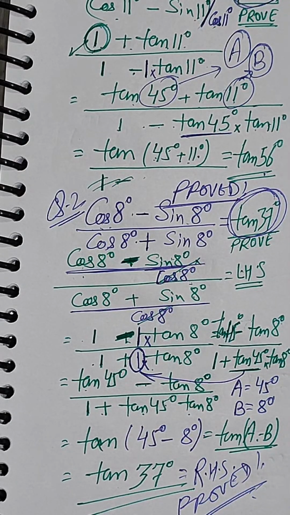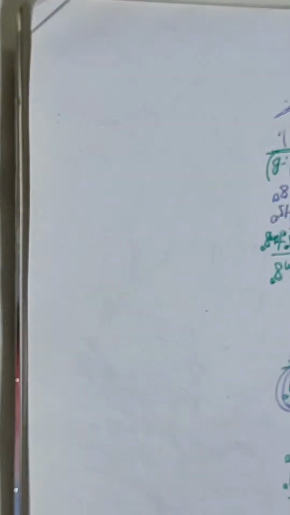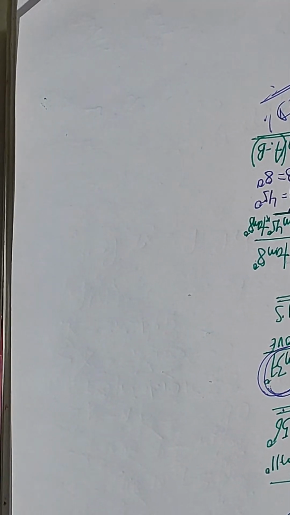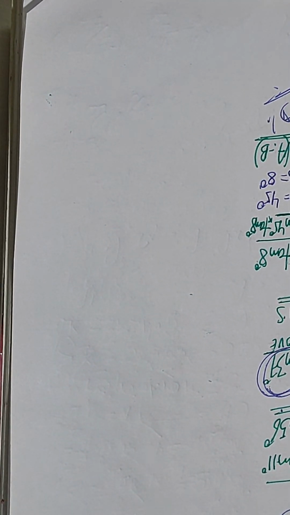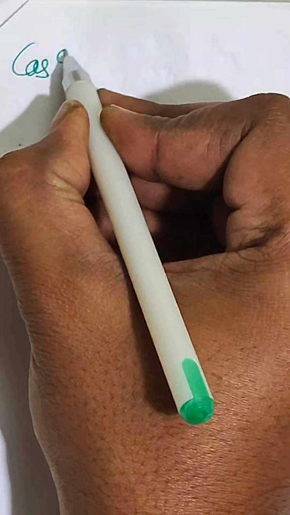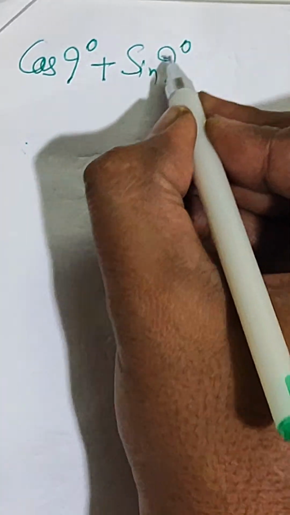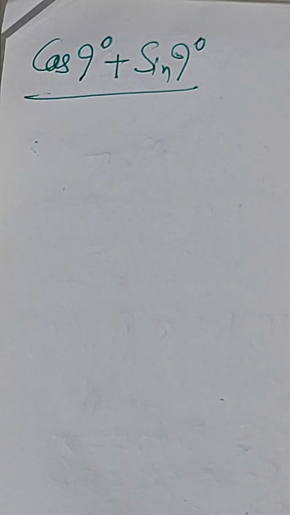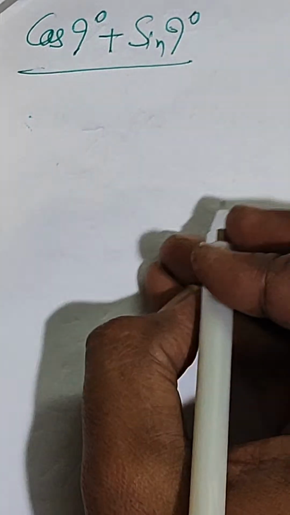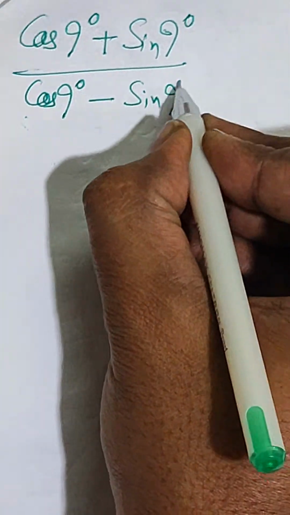Fine students, let me take one more example, maybe cos 9 plus sin 9. So into the next question, we'll take cos 9 plus sin 9. The question in front of us is (cos 9 degree plus sin 9 degree) divided by (cos 9 degree minus sin 9 degree).